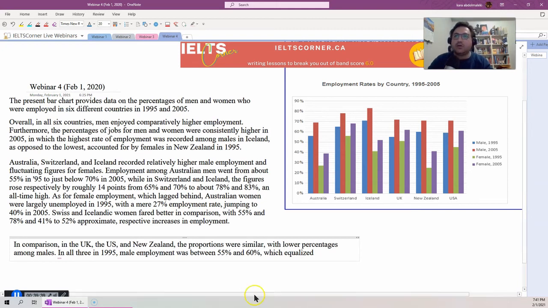But when I'm talking about equalized, I mean I'm talking about the three red bars, which are almost exactly the same. Okay, so I'm talking about that, which equalized in 2005 at around, what is that percentage? Around 70%, let's say.